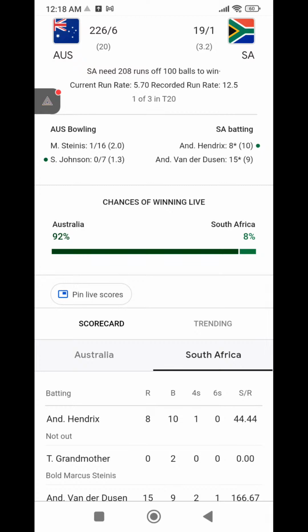So current run rate is 5.70 and the required run rate is 12.5. 19 for the loss of 1 wicket in 3.2 overs in reply to Australia's innings of 226 for the loss of 6 wickets. So Aussie bowling, Stoinis 1 of 16 in 2 overs and Johnson 0 of 7 in 1.3 overs.